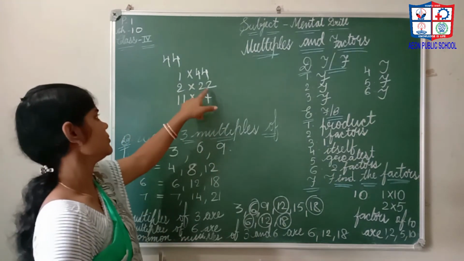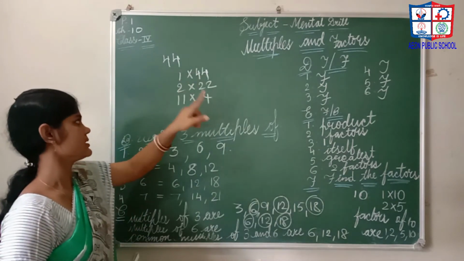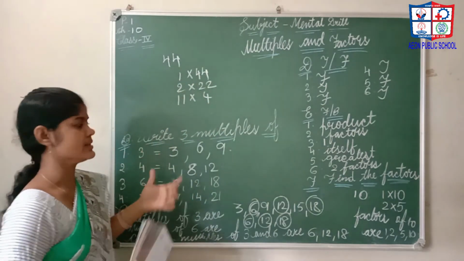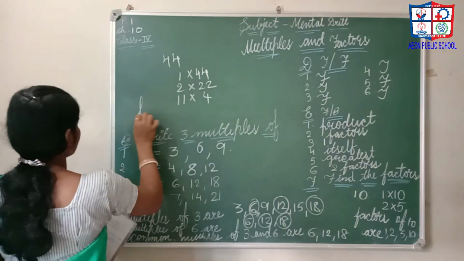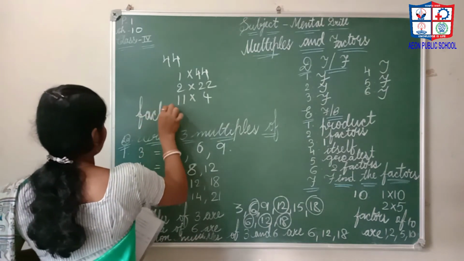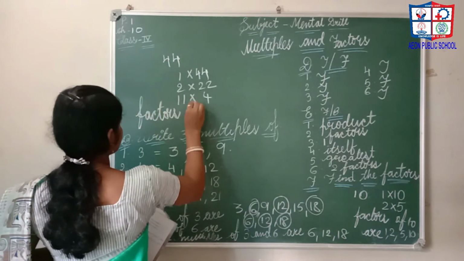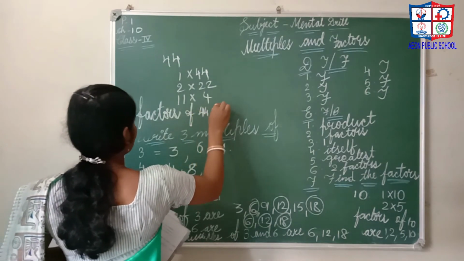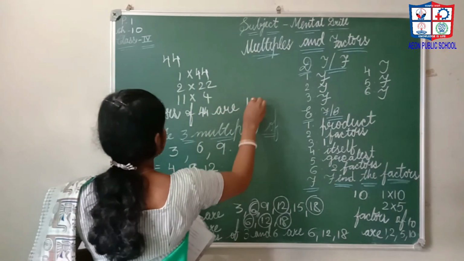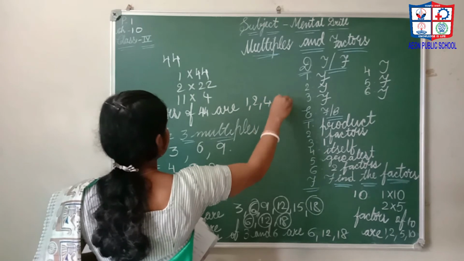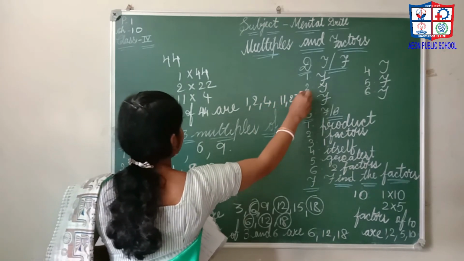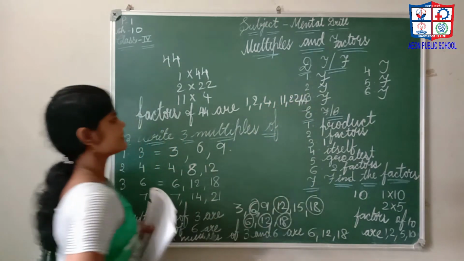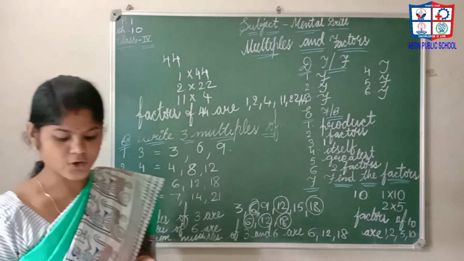Then 22 2s are 44, 44 1s are 44 and 4 11s are 44. These things are the factors. So what are the factors of 44? That is, factors of 44 are 1, 2, 4, 11, 22 and 44. So these are the factors of number 44.